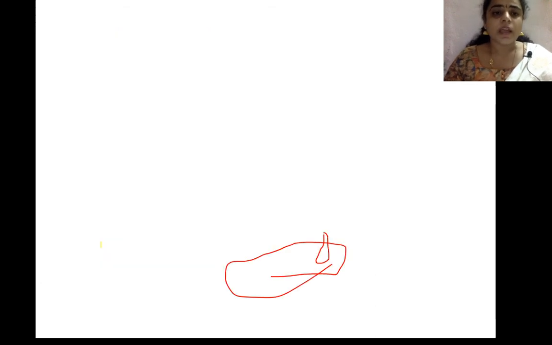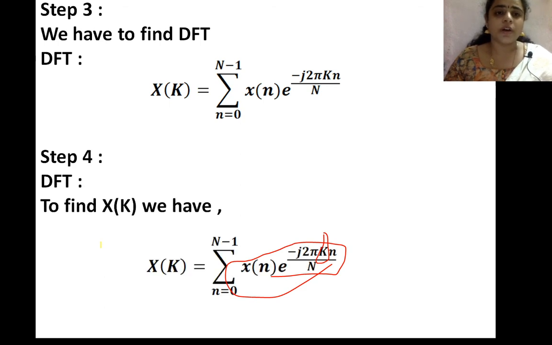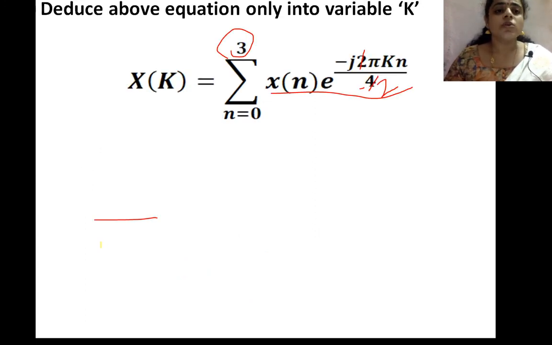Next, whatever you have to find, write down the formula. If it is DFT, then write down the formula for X of k. If it is IDFT, write down the formula for x of n. Next, the above equation has to be reduced into only the variable k.